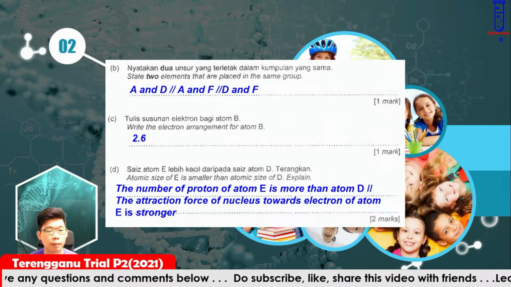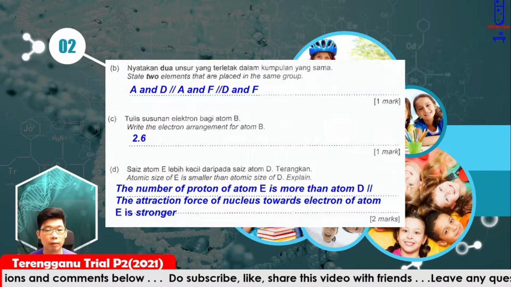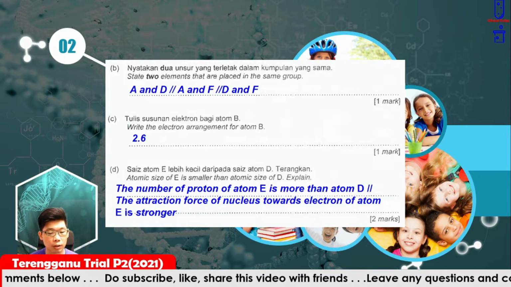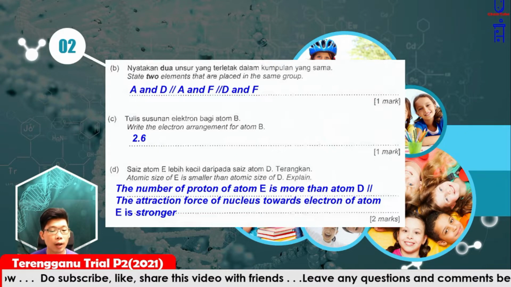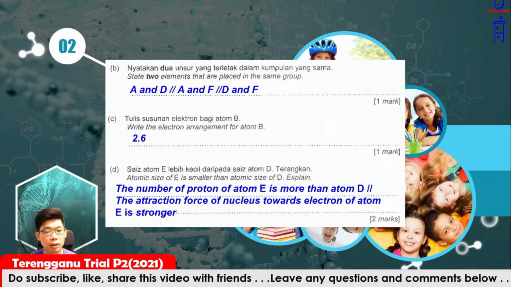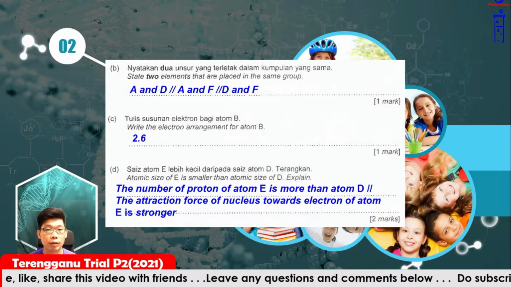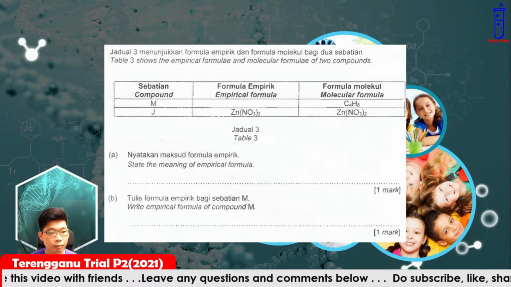They are from the same period, so they have the same number of electron shells occupied with electrons, but E has more protons. More protons means the attraction force between the nucleus and the electrons is stronger. So it can pull the electrons closer to the nucleus, and the size will be smaller.